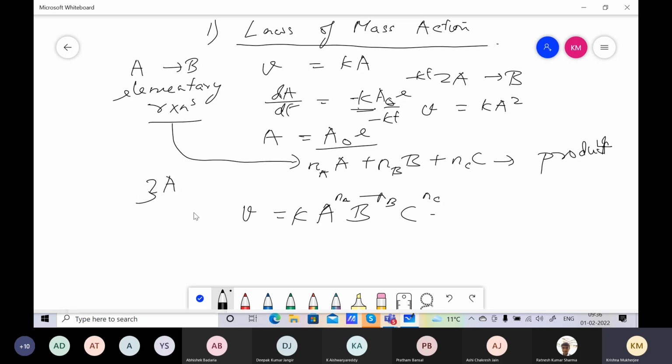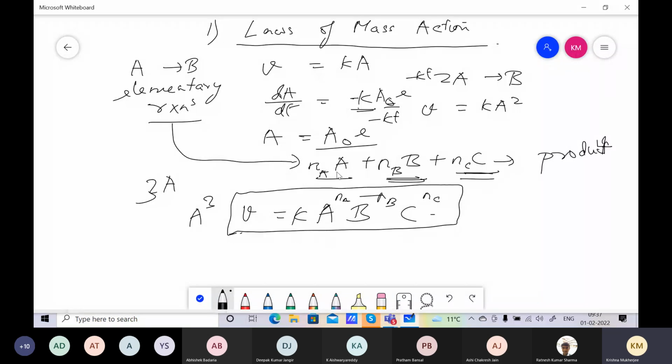If it is 3A, then it will be A cubed. It doesn't happen often, and it is very unlikely that this many molecules plus this many molecules plus this many molecules will react together. It's very unlikely to have an expression like this. But just for the sake of theory, if this is the elementary reaction, this is what you will get, right?